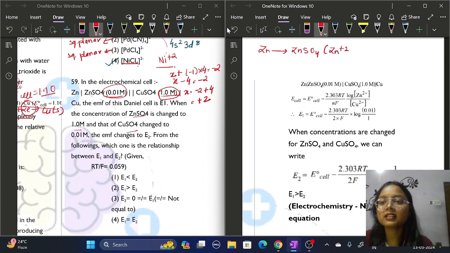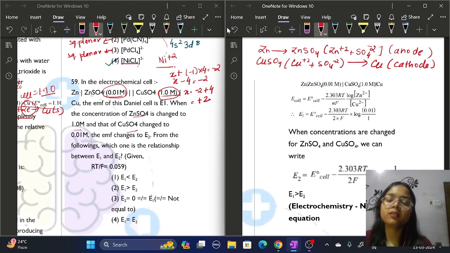It means Zn+2 and SO4 2-. This is the anode, and the cathode is CuSO4, which means Cu+2 plus SO4 2-, which gives Cu. So in the cell, the concentrations are given: Zn+2 concentration is 0.01 and Cu+2 concentration is 1 molar.